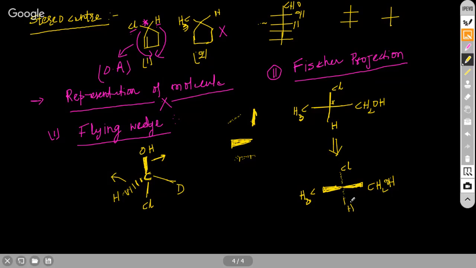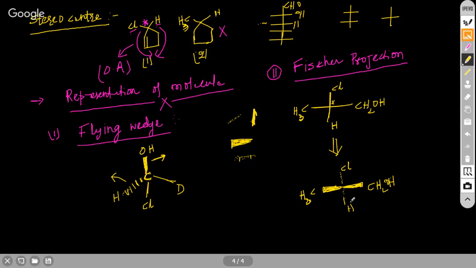The vertical line is into the plane, that's why the dash line, and the horizontal line coming out of the plane is the dark wedge that we have. So you can imagine a V shape coming towards you and another V going away from you, like that, the open end. I can explain that in the class, but I think you can understand from this. Does anyone have a doubt here about Fischer and all?